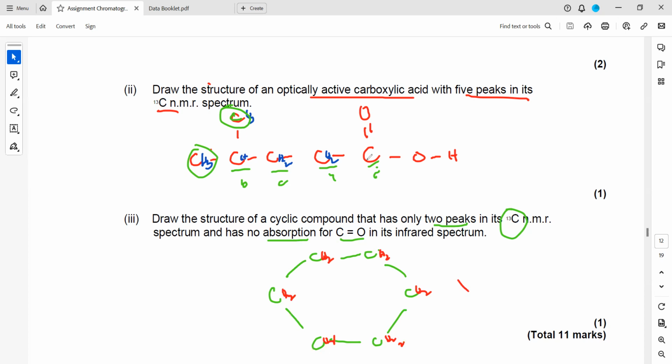But if I attach oxygen, because one of the bonds will break, and we remove one of the hydrogens and attach OH here, now how many carbon environments are there?